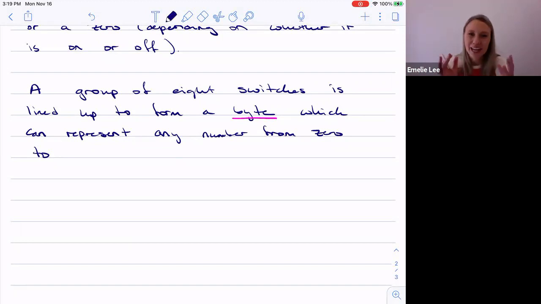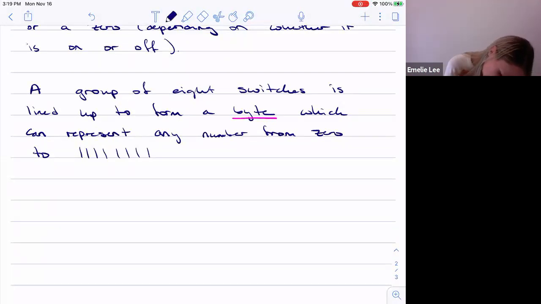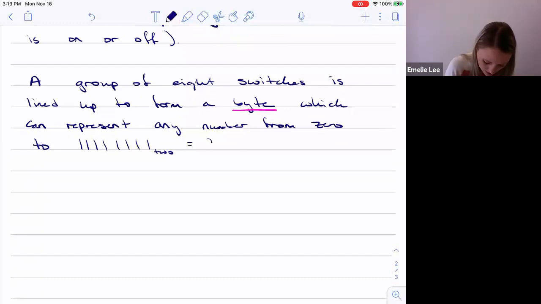And then 8 ones in a row would be 11111111 base 2. And if you go through and do this conversion just like we did, from base 2 to base 10, then we would find that this is the same as 255 base 10.